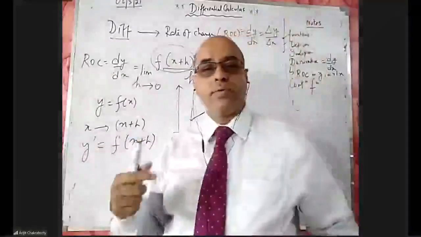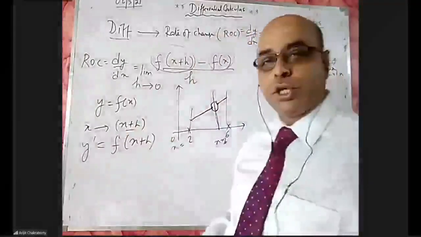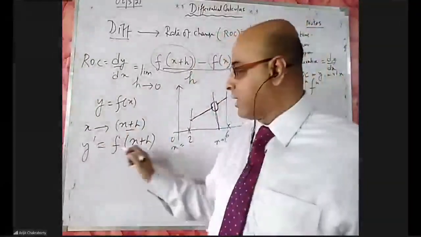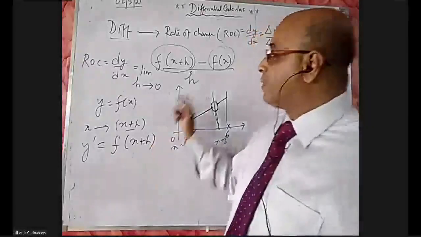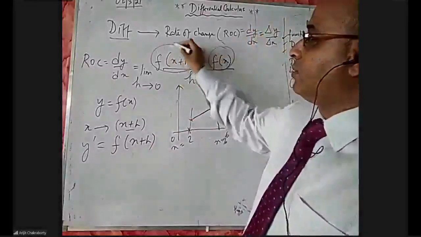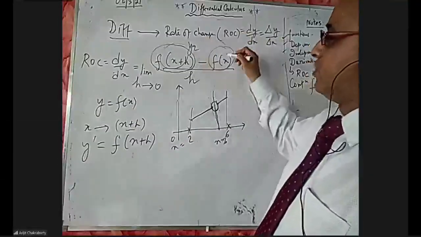Now, if the value of x increases by a certain amount, it becomes x plus h. So the new function will be y dash equal to f(x plus h), right? So this is the new value. We can call it y2, and this is y1.